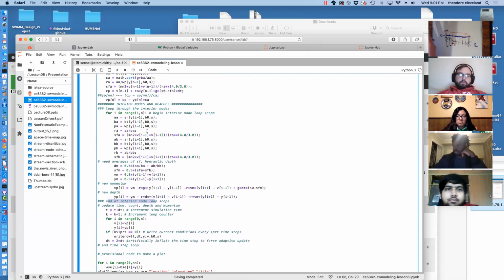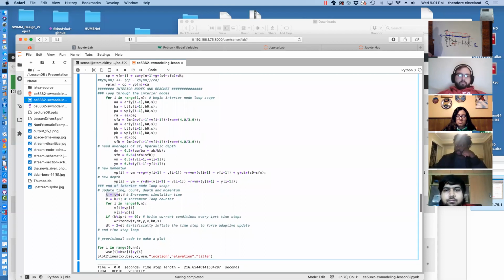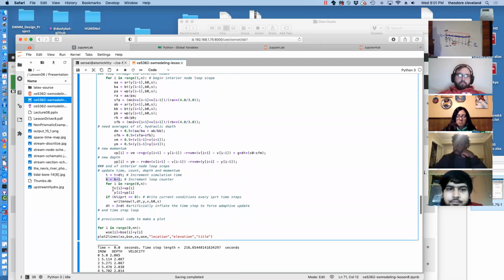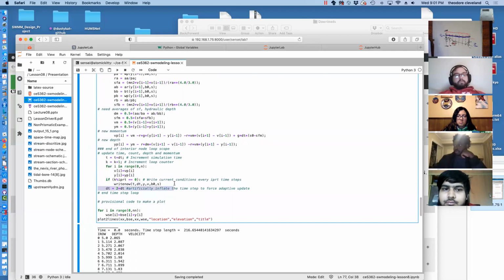They're semi-independent. They depend on whatever the current values are to run these characteristic curves. And now we increment our simulation time, increment our loop counter, take the projected values and put them back into the original spaces for velocity and depth. And then if it's time, we'll write some output. And then this is something I added: I'm going to artificially inflate the time step, and that's to force an adaptive update to occur.